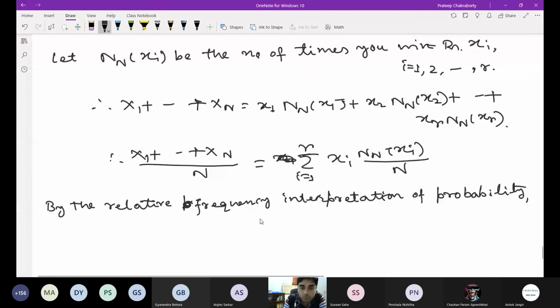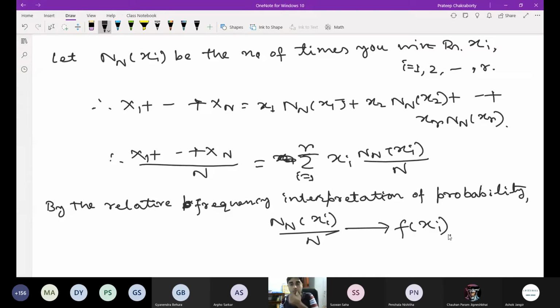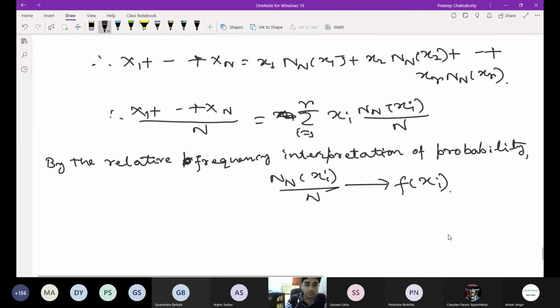So what is that? If you do this a large number of times, then this, divided by the total number, will go to the probability of winning the amount xi. So n goes to infinity, so n is large.